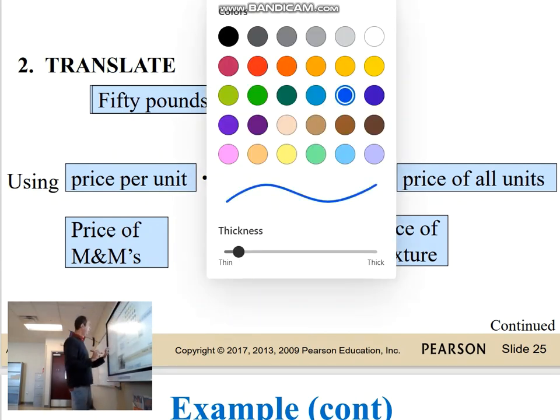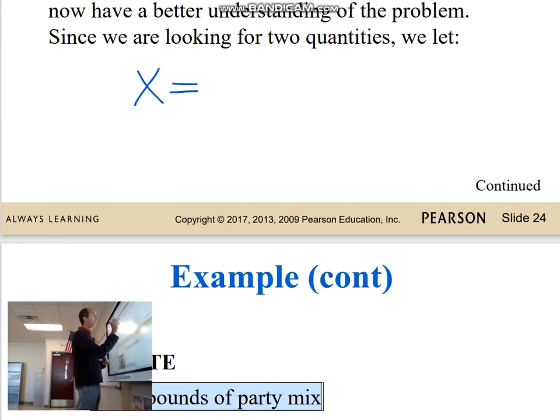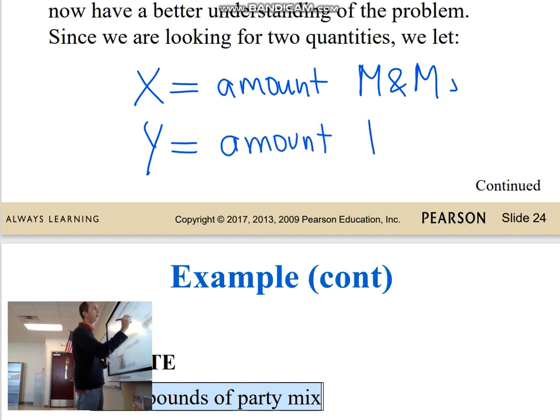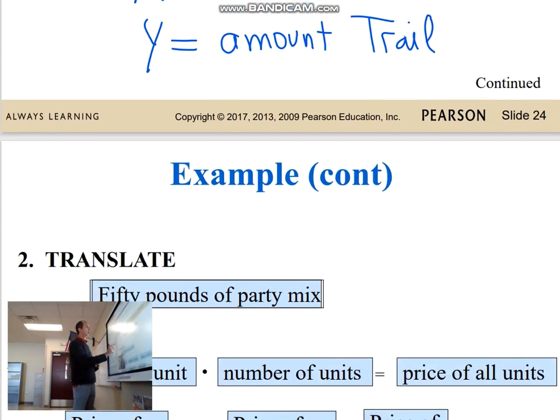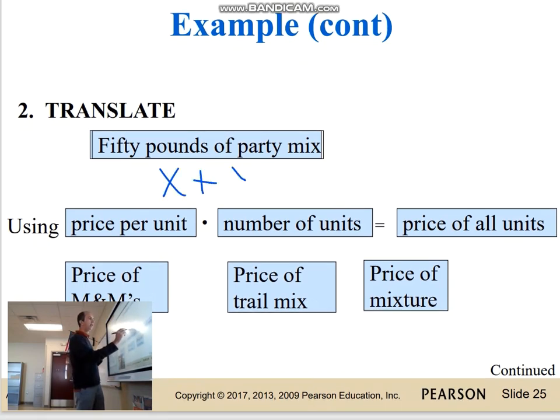Translate into equation. We can say that x is an unknown amount of M&Ms, and y is the unknown amount of trail mix. We need to add x plus y and make what? 50 pounds, right?